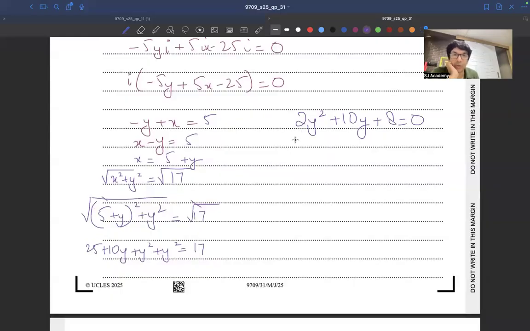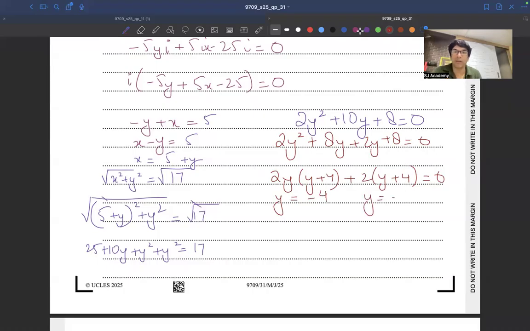Factorizing this, we'll get 2y² + 8y + 2y + 8 equals 0. Taking common, we'll get (y + 4)(2y + 2) equals 0. So the two values of y will be y equal to −4 and y equal to −1. Now once we have the values of y, we can easily find the value of x.